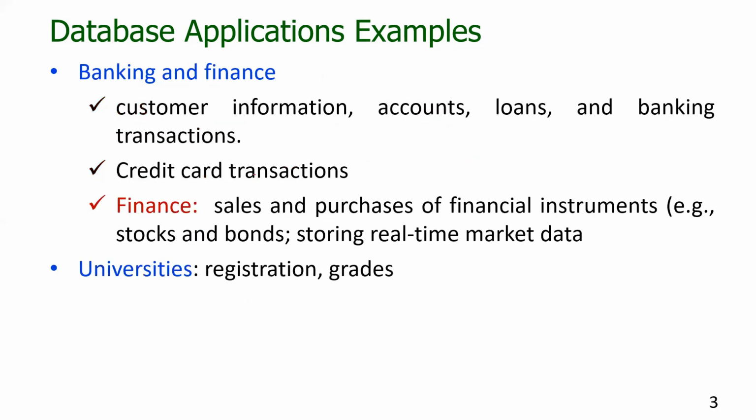Then coming to the banking and finance sector: customers with their information, accounts, loan details, and banking transactions, then credit card transactions. In finance, sales and purchases of financial instruments, for example stocks and bonds, and storing real-time market data.